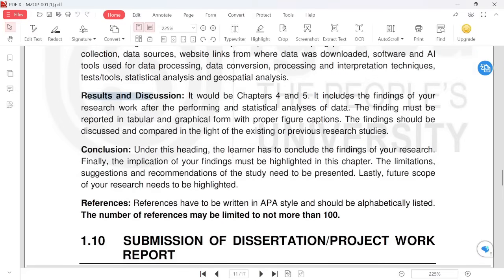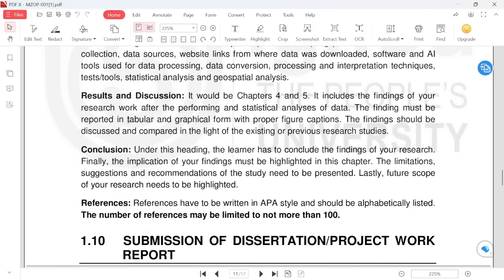Then you have to write results and discussion. The data collected from the research methodology has to be mentioned in the results and discussion section. You can represent your data in tables, graphs and sketches if you have made any.